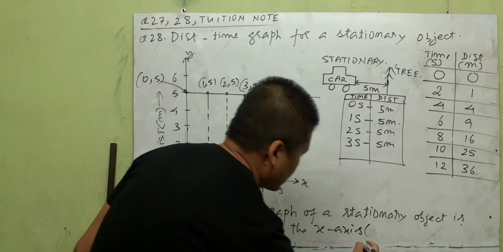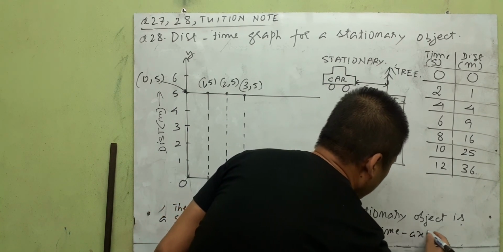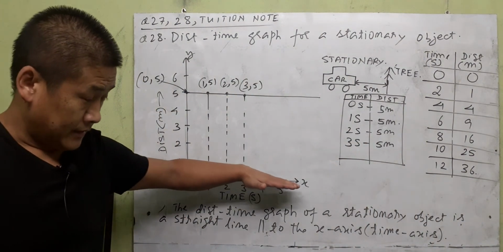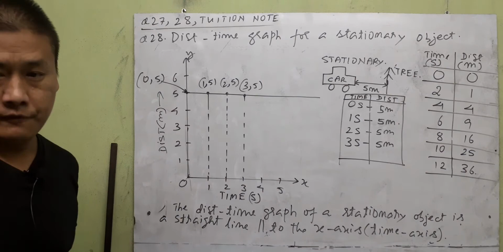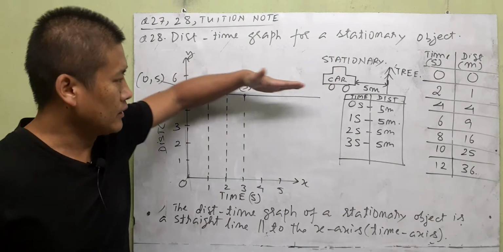In other words, the time axis, the axis representing the time, x-axis time in the distance-time graph. Okay, so that is the nature of the distance-time graph for a stationary object, always parallel to the x-axis.